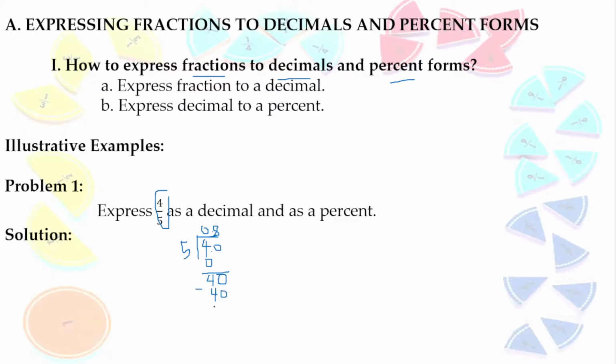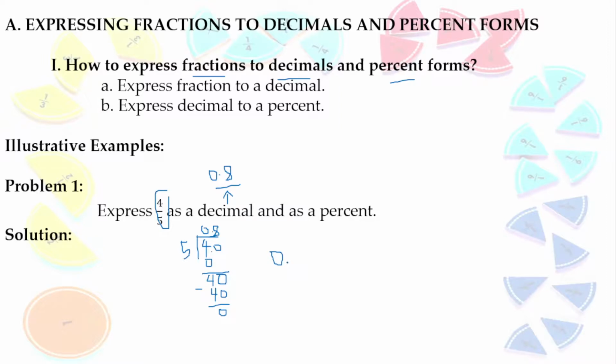So 40 minus 40, we will get 0. So the decimal of 4 over 5 is 8 tenths. Okay?